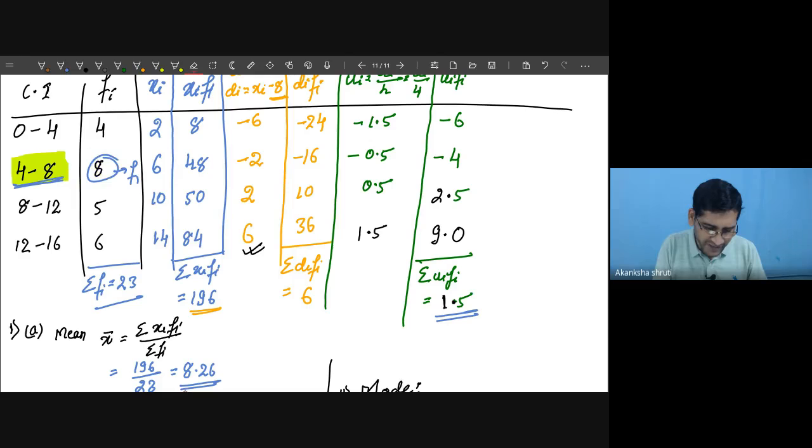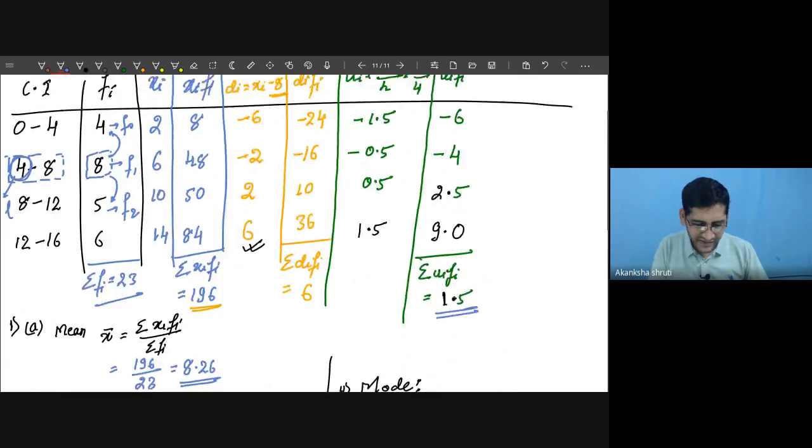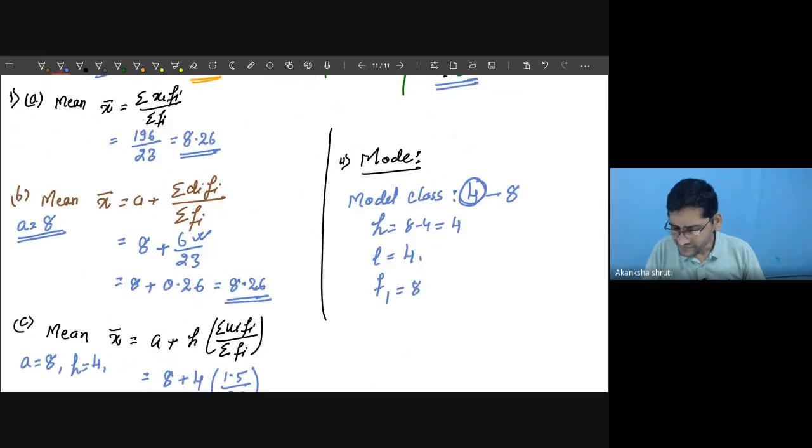Okay, students, a better habit is to mark this in the table itself. You must mark this frequency as f1. From this class, mark the lower limit as 4. Before this one is f0, after this is f2, this is our L. That's all. So f1 is our 8.